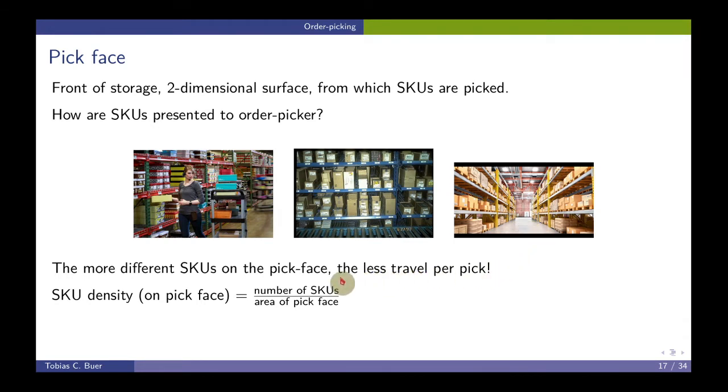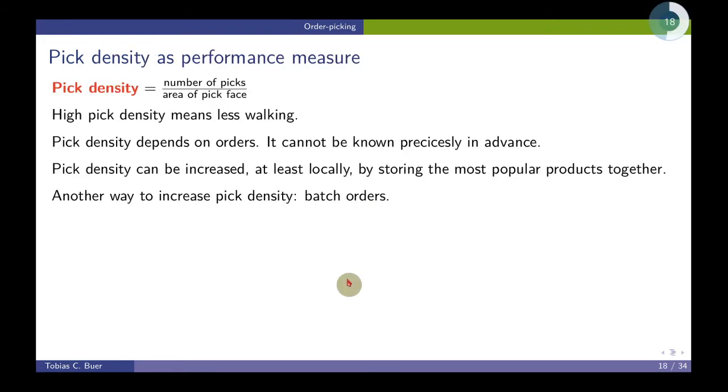A higher SKU density in the pick phase means that order picking typically requires less traveling, because an order picker has access to many items at one time.